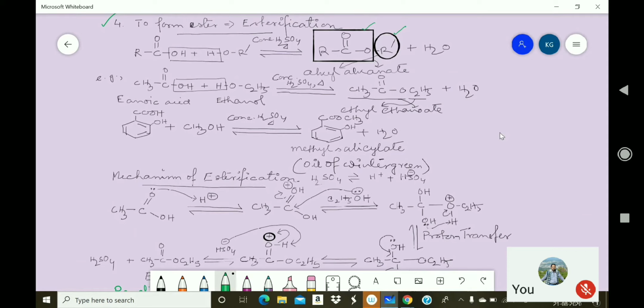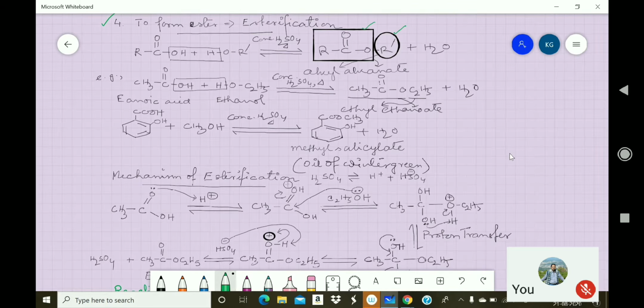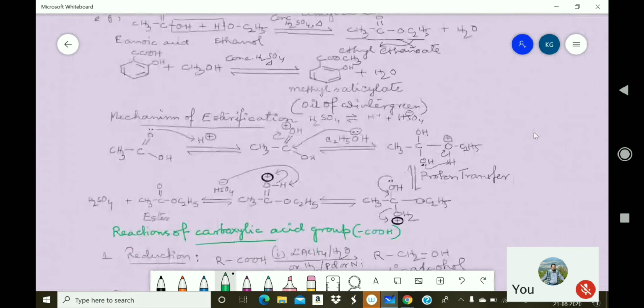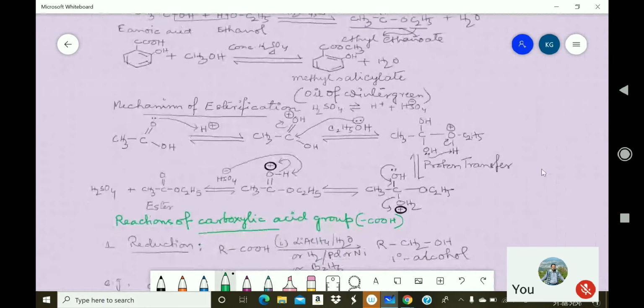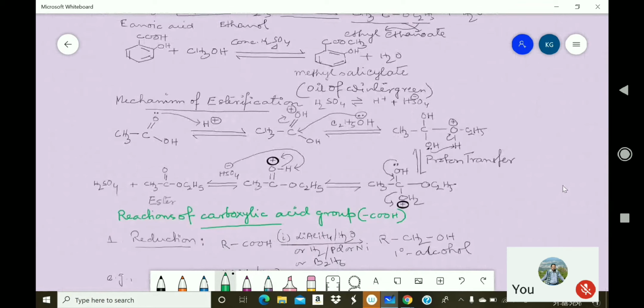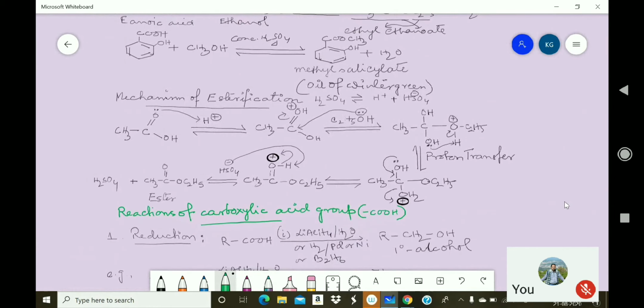It has a characteristic pungent smell. So this is also an ester. Now, esters are compounds having a fruit-like smell, and they are found in all the fruits. So all the fruits have their characteristic smell due to the presence of a particular ester.